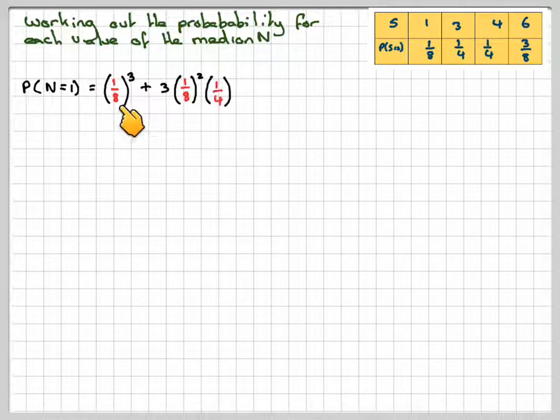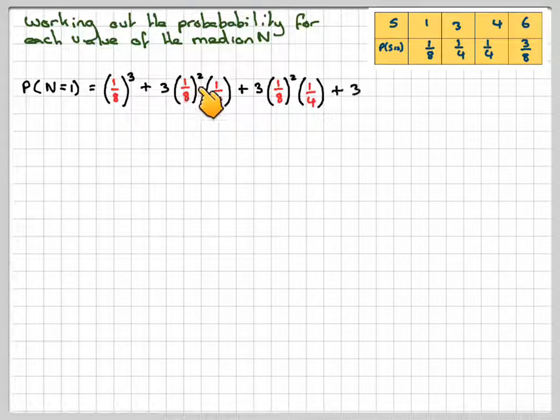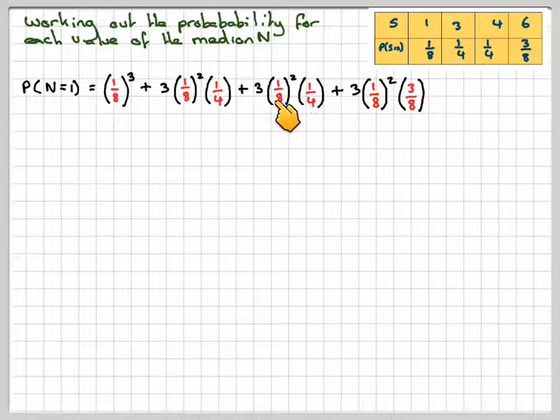It's going to be 1/8 cubed plus 3 times 1/8 squared times 1/4, plus 3 times 1/8 squared times 1/4, plus 3 times 1/8 squared times 3/8. Now you can get those values by looking at this.